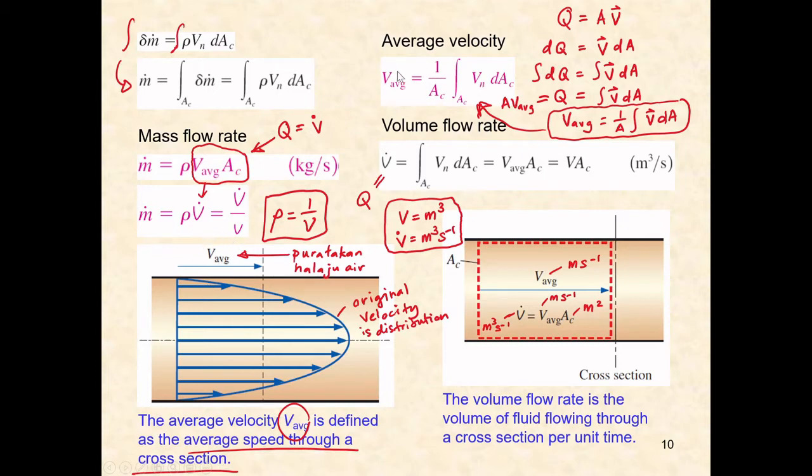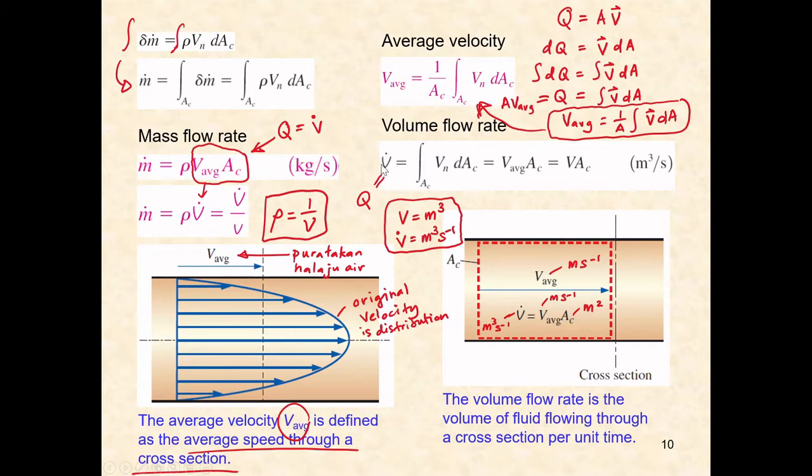So when you take the average, V_avg equals 1 over A_c, integrate the velocity that's normal to the cross section, dA_c. If you take the A_c multiplied with the V_avg, the cross-sectional area multiplied with the velocity in the pipe, you get the volumetric flow rate.